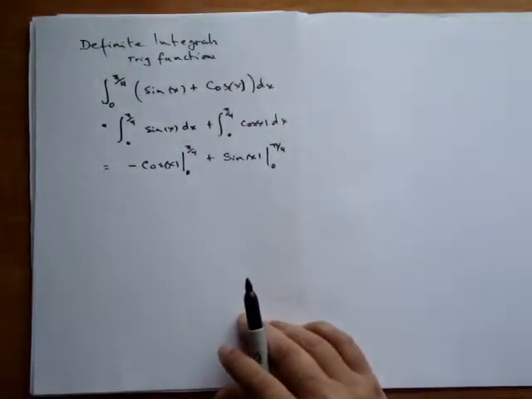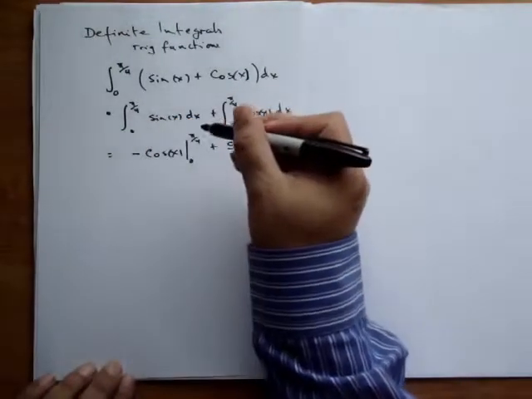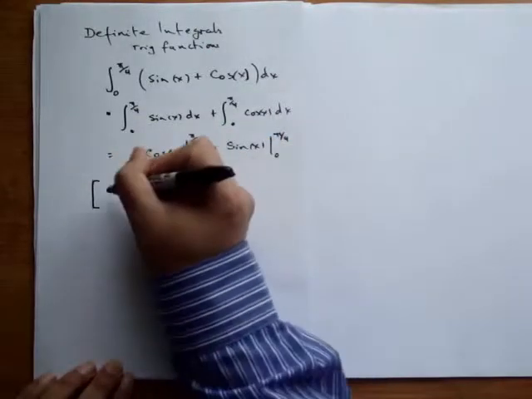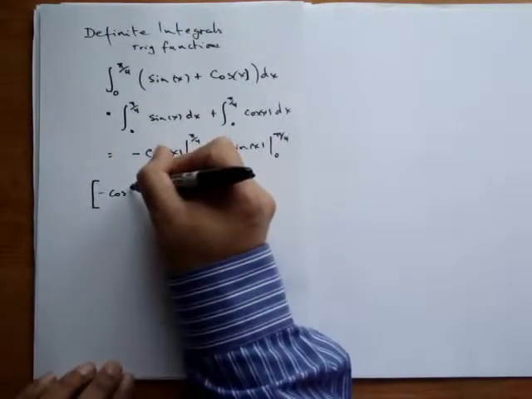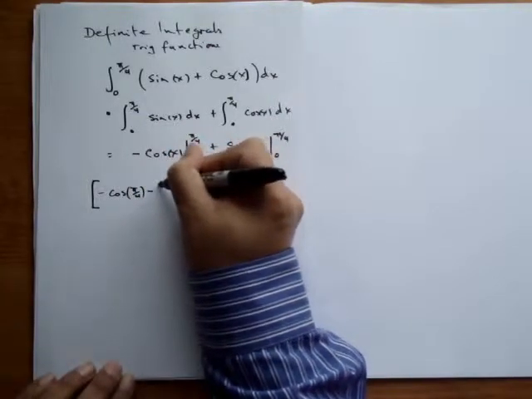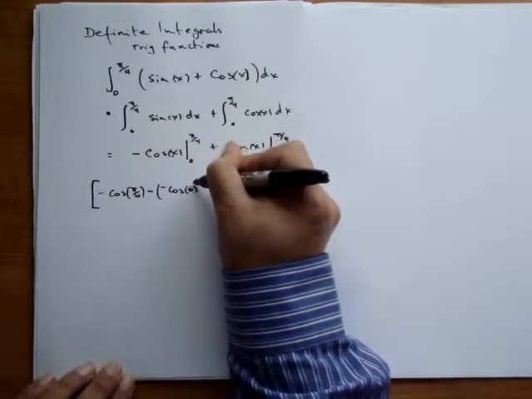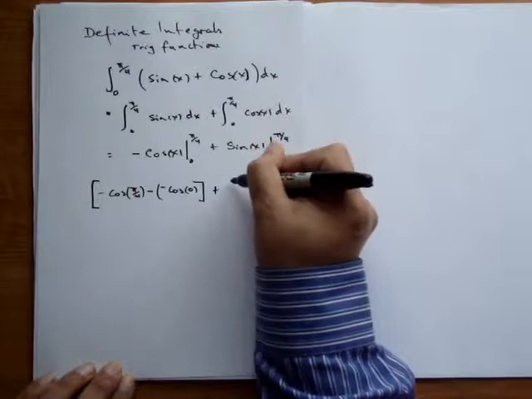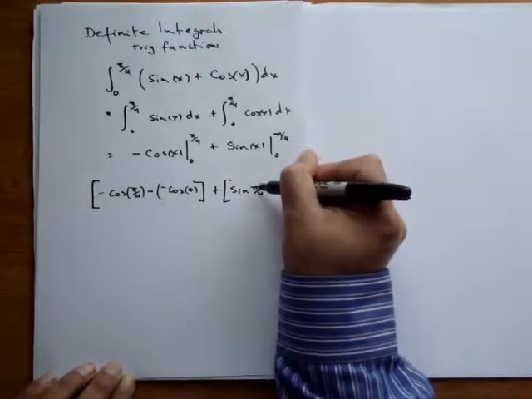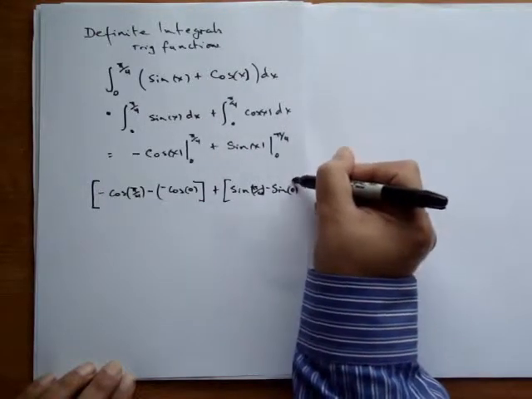So this, when we do the substitution for pi over 4, becomes, let's just do it a little bit larger, minus cos pi over 4 minus cos 0, plus sine pi over 4 minus sine 0.